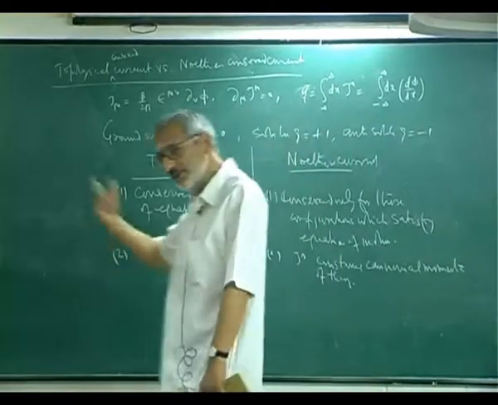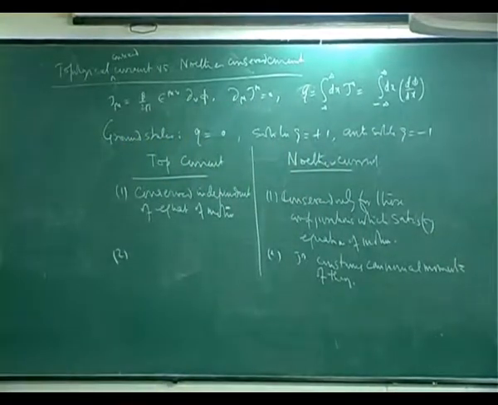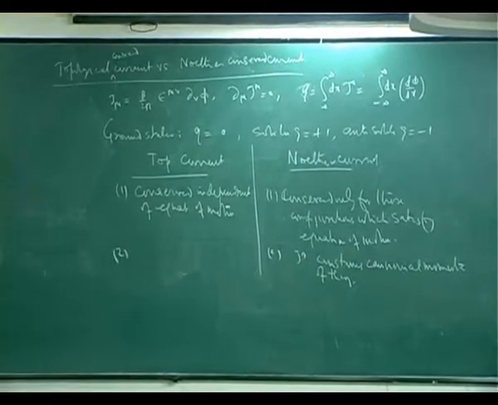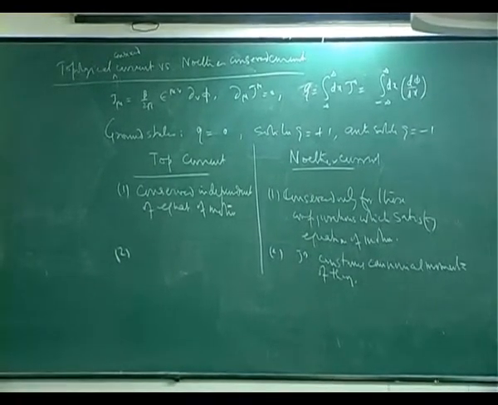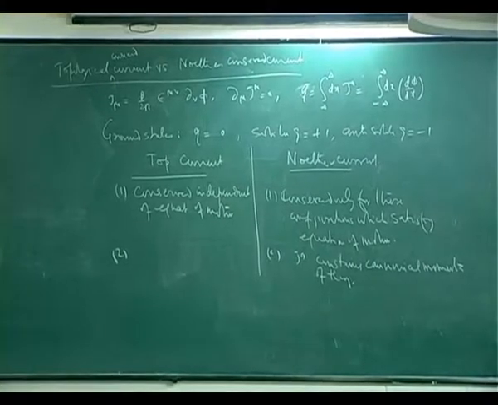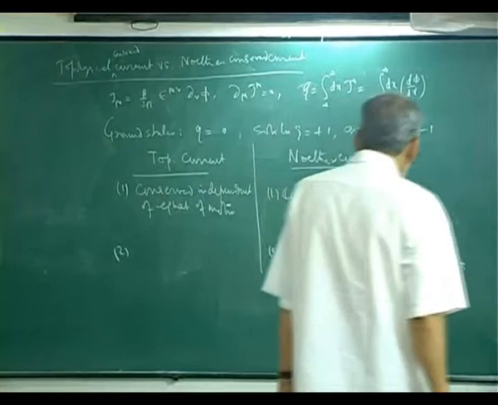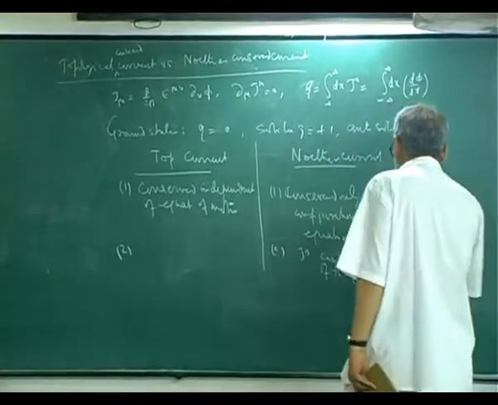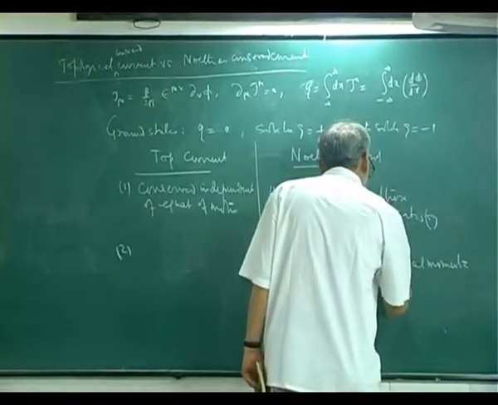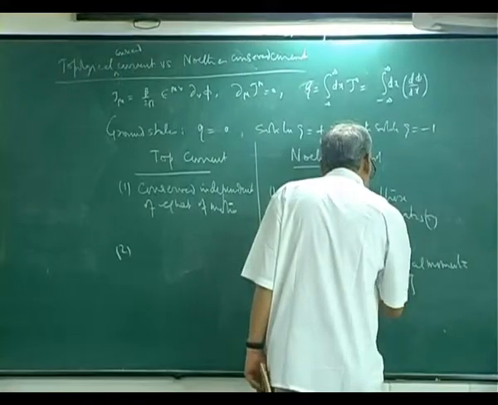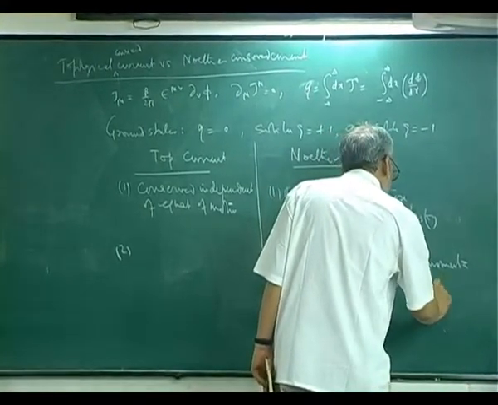If you have a set of fields phi, and there are associated canonical momenta, J0 contains canonical momenta. And if J0 contains canonical momenta, then the Poisson brackets of J0 and the fields are non-zero.